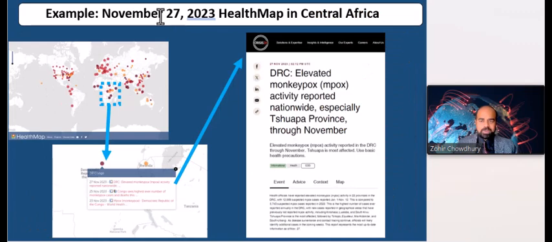For example, I pulled this from November 27, 2023, and you can see in here in Central Africa quite a few alerts. And if I focus on some of these alerts, it shows that DRC, which is Democratic Republic of Congo, has elevated monkeypox in here, and you can pull the news and read the news and the specific source as well, which is displayed in here.